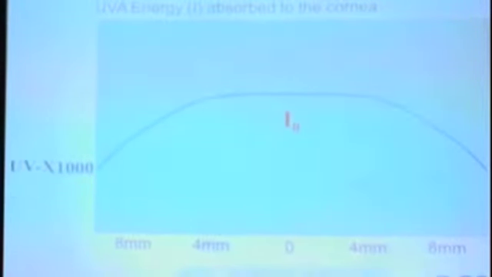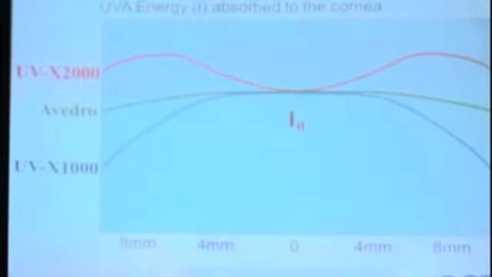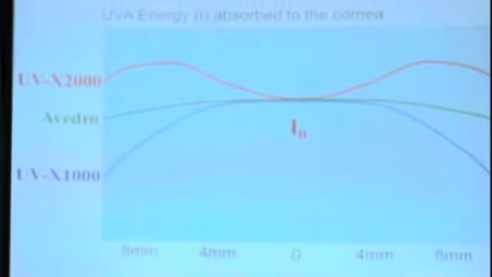So we changed the beam profile to the so-called donut profile, where we use higher intensities of UVA light in the periphery, so that we receive the same effect in the periphery for corneal cross-linking. And this is the Avedro lamp from the United States, which is in between.